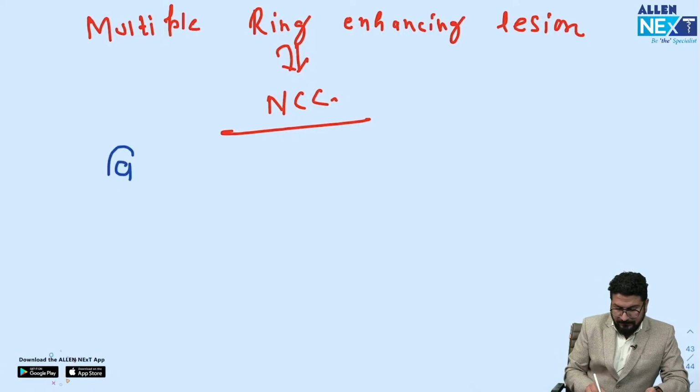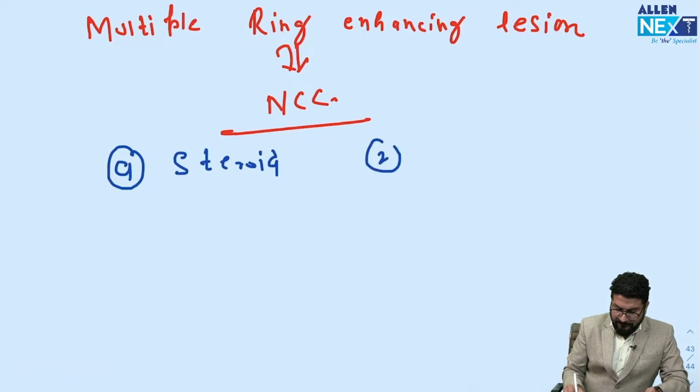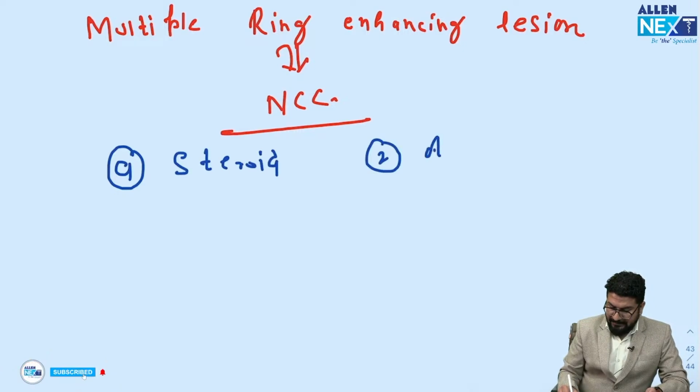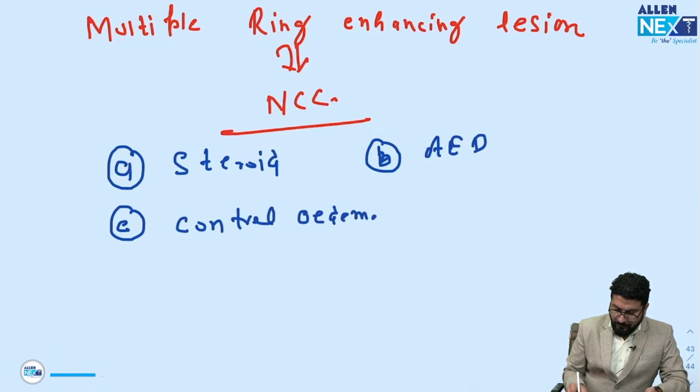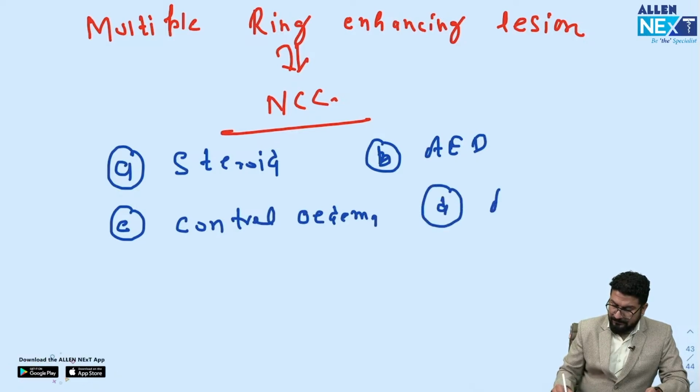These are the options. In emergency, what should we give? We should give steroid. We should give anti-epileptic drug, AED. The third option is we should control edema. And the fourth option is we should give anti-helminthic medication.